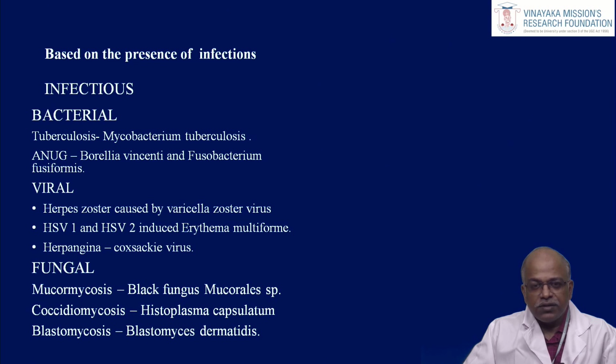Viral induced ulcers are herpes zoster caused by varicella zoster virus, HSV 1 and 2 induced erythema multiforme, and herpangina, which is caused by Coxsackie virus. Fungal infections such as mucormycosis, also called the black fungus, histoplasmosis caused by Histoplasma capsulatum, and blastomycosis caused by Blastomyces dermatitidis are all called deep-seated fungal infections which can induce ulcers in the oral cavity.